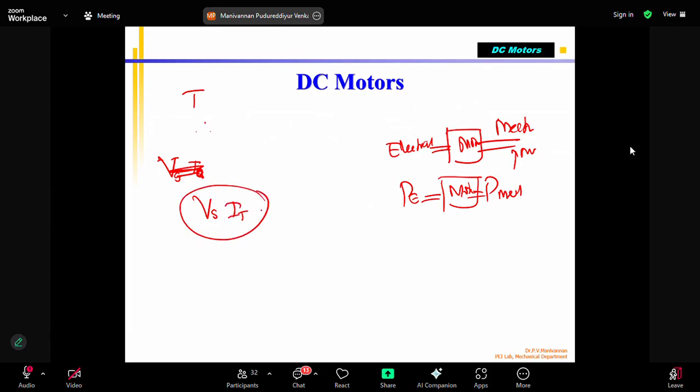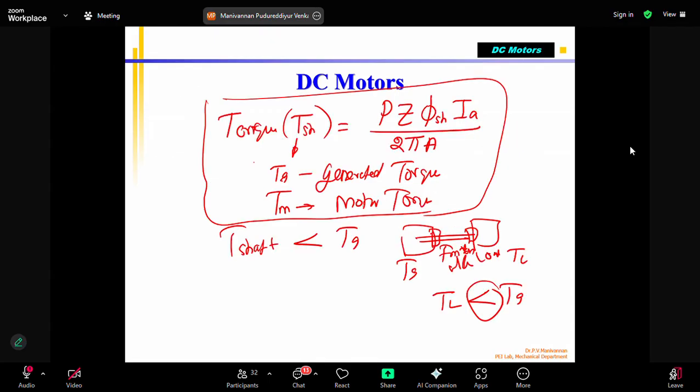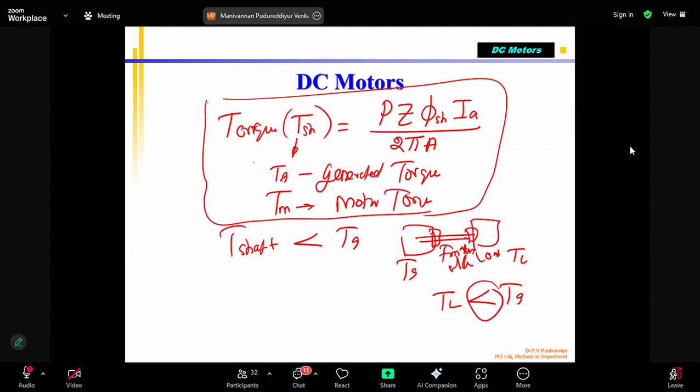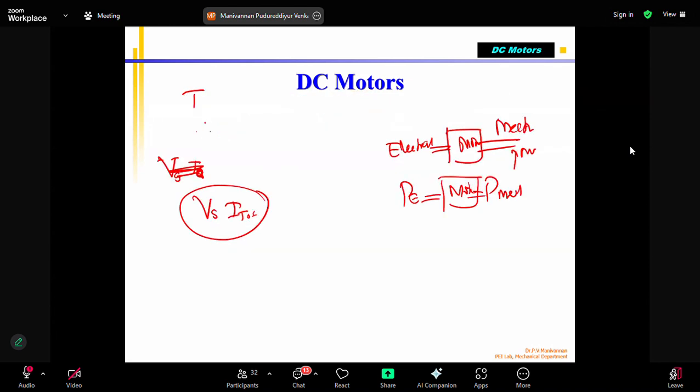This total current is the supply from the battery. IT is given, and this is the supply voltage. In the electrical figure, voltage times current is the power supply, which is converted into mechanical TG torque into omega.